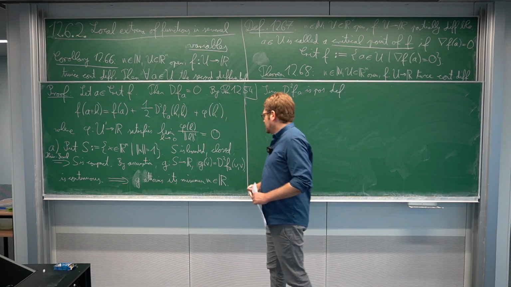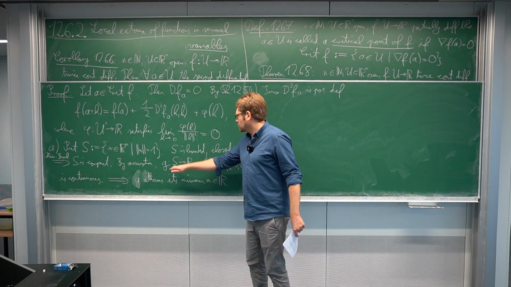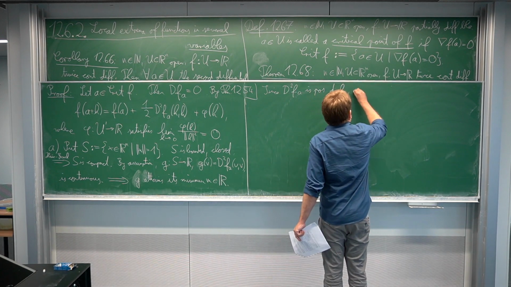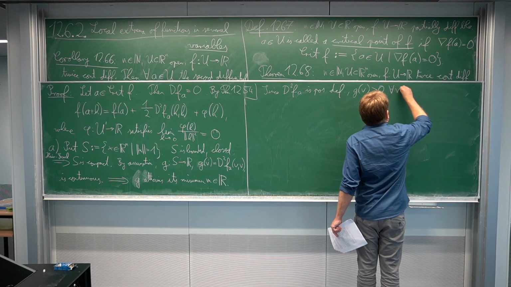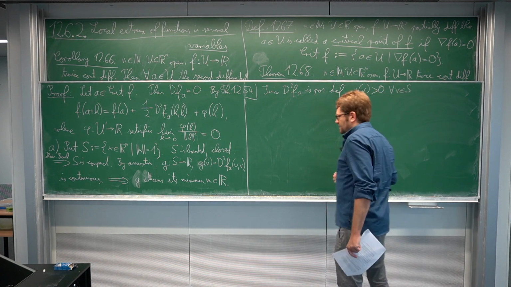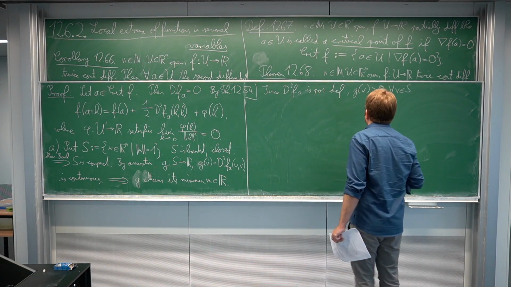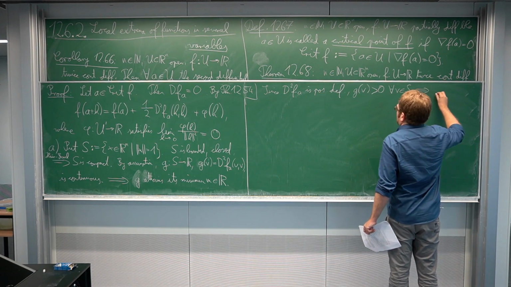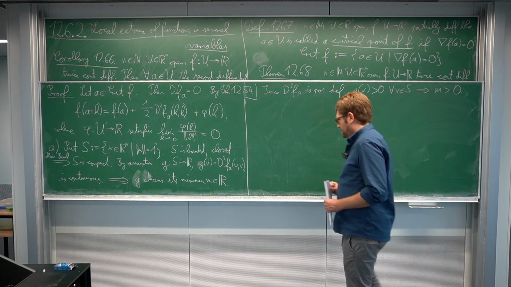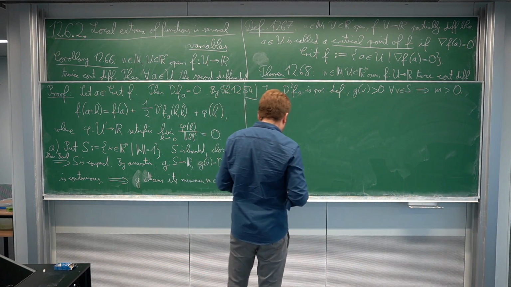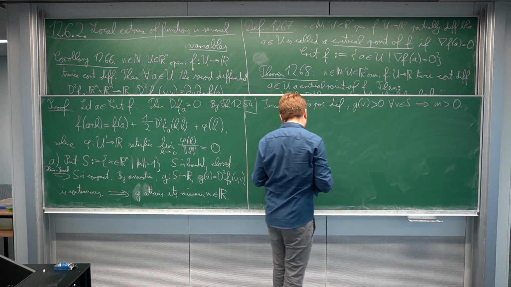In particular, g of v is positive for all v in S, and in particular the minimum must then be positive, because the minimum is just one of these values, and if they are all positive, this means m must be positive as well. Okay, so it has a positive number as a minimum, and now we do a little computation using bilinearity basically.